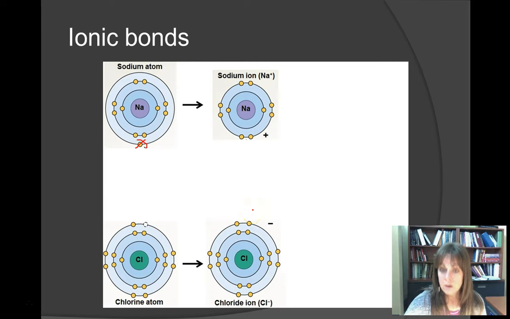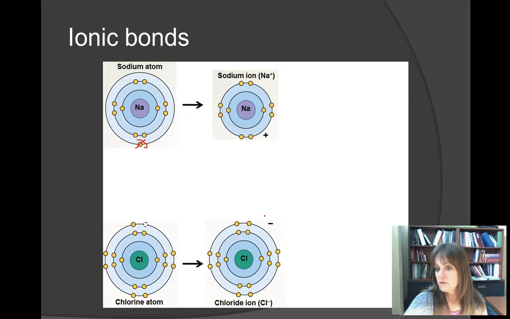Now, here is where the bond happens. The bond happens because positively charged ions are attracted to negatively charged ions. It's just the rules. Positive likes negative.